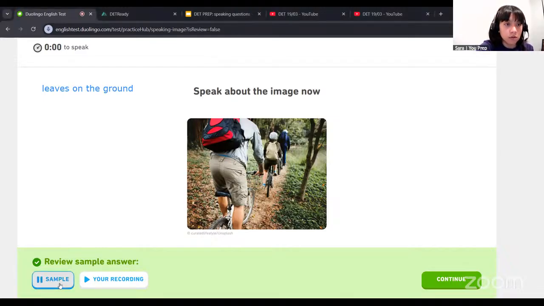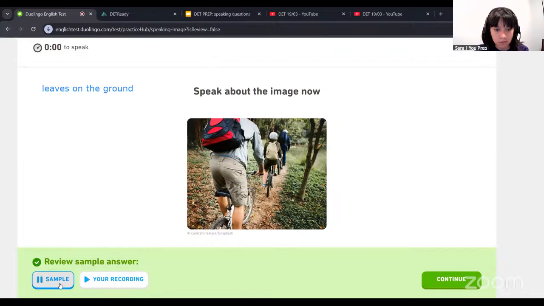So, this particular photo depicts a group of three individuals biking. So this is possibly a family or maybe a group of friends. They're riding along a narrow path, and it's set somewhere in nature, maybe a forest or a park. In the foreground of the picture, there is a person on a bike who's wearing a gray shirt and shorts, and has a red and black backpack.